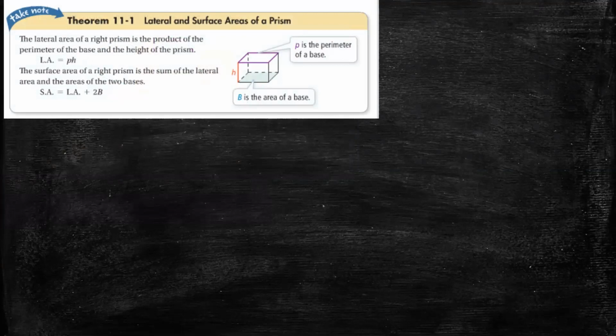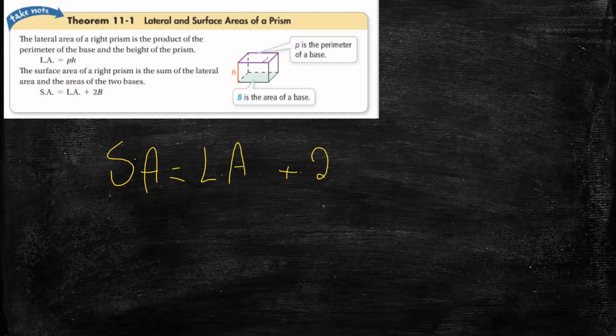And we said that the surface area for any prism is the lateral area plus 2 times the base. So if you want to find the surface area, you need to find the lateral area first and then add it to the area of the base times 2.